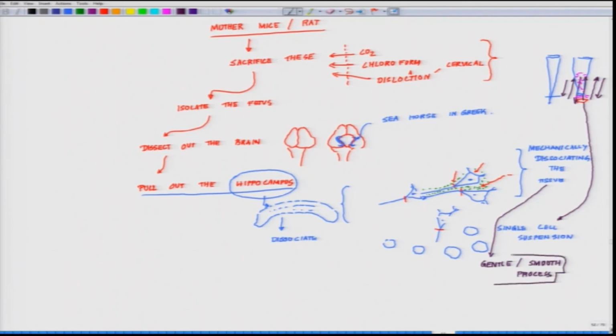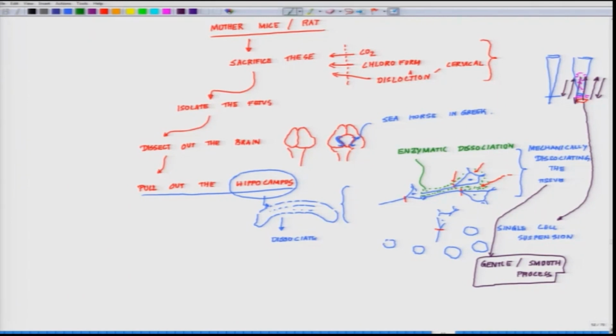The other method, which especially for this particular thing I will not recommend, and I will cite a few references, you will see. What you can do is, say for example, in this case you have this extracellular matrix. So, you follow something called enzymatic dissociation. We will come later where you really need enzymatic dissociation.